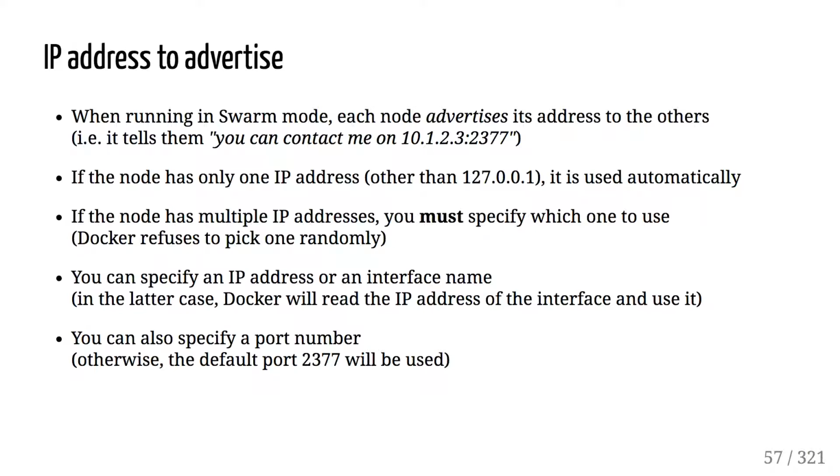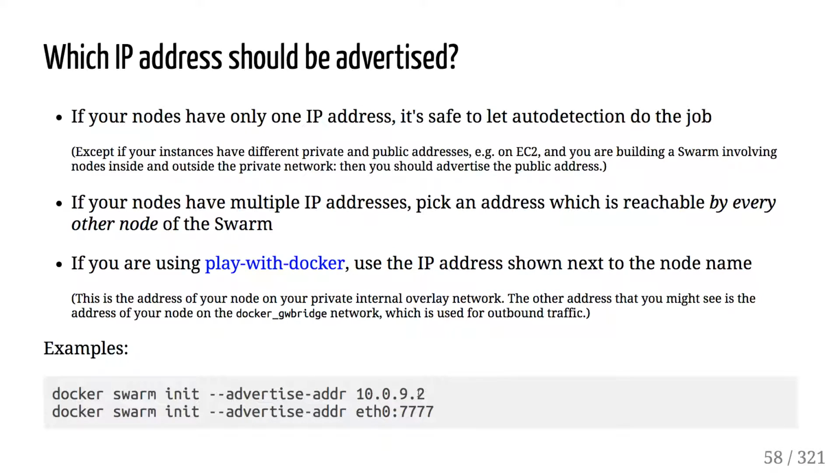So if you're running on a machine that has a public interface and a private interface, then you will need to add a flag to tell which IP address or which interface you want to use. Either with the IP address or the interface, and that's super convenient if you want to use a non-default port but a specific interface, you can put it like that.